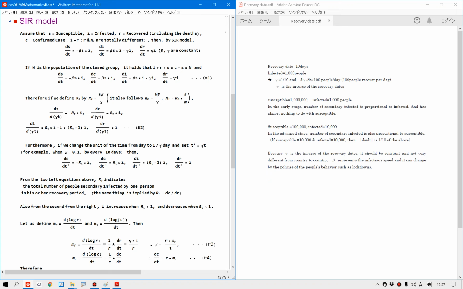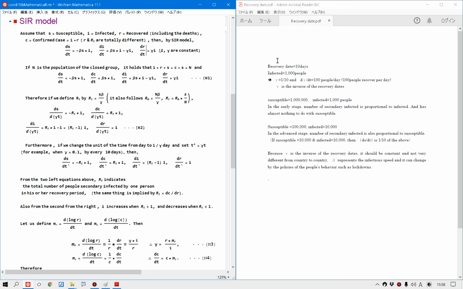Then the SIR model consists of the three equations where beta and gamma should be constant. So first we start with this one, the left hand side dR/dt, which means how many people recover per day. That is dR/dt, proportional to infected.